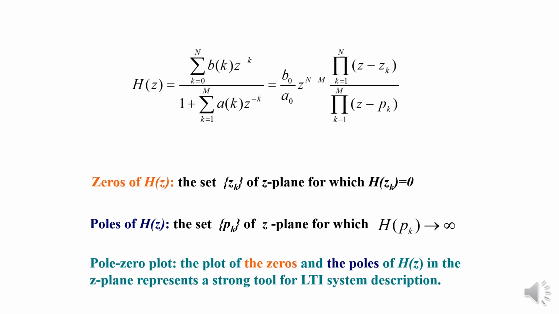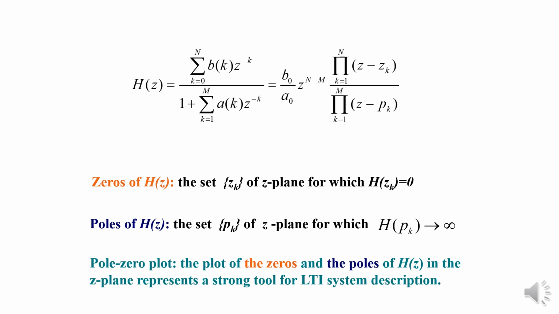Okay, so what you can do is draw the pole zero plot. The pole zero plot means the plot of the zeros and the poles of H(z) in the z plane. From that we can actually predict a few things, so we'll see what we can predict from this pole zero plot.